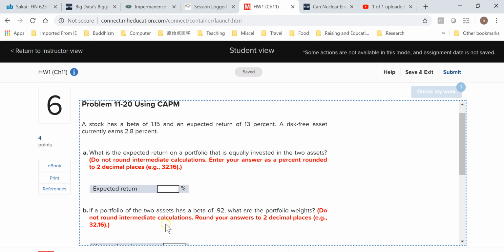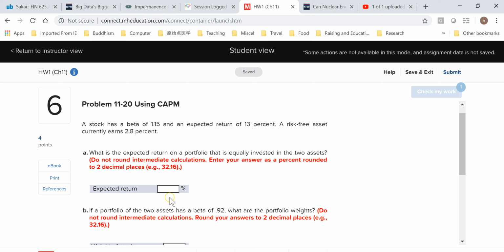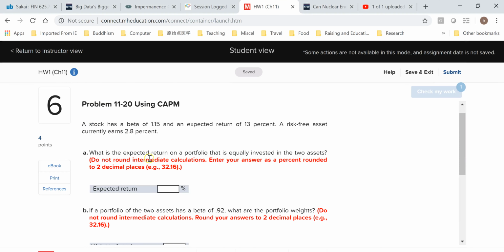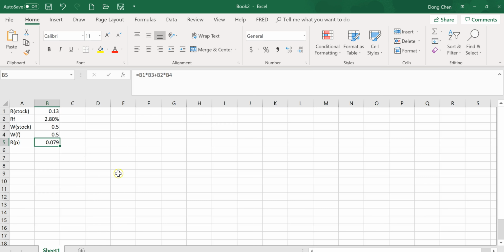Now go back to the setup. Note the rounding requirement. Do not round intermediate calculations. That's another reason I prefer to use Excel, because it automatically meets this requirement. Enter your answer as a percent rounded to 2 decimal places.